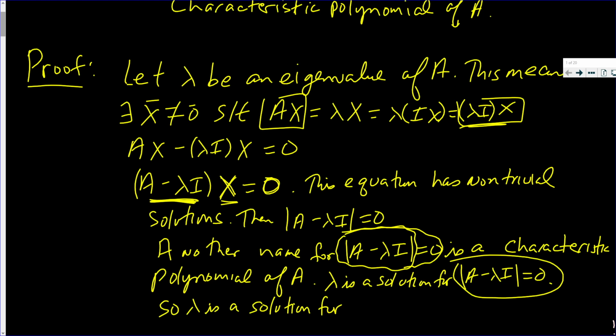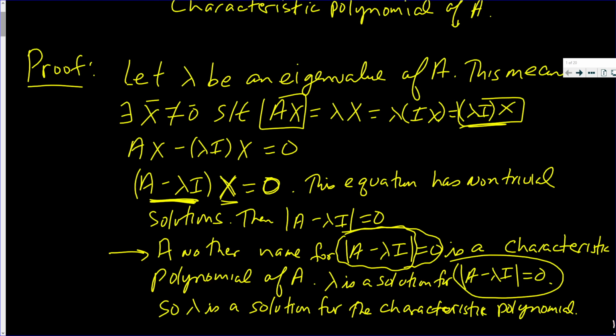But there's another name for that. It says it on this line right here. Another name for that is characteristic polynomial.